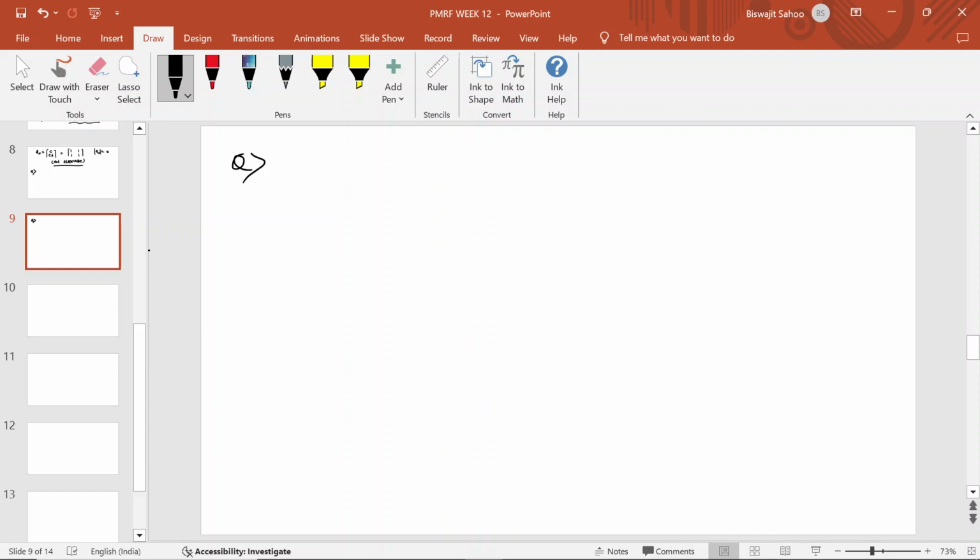Let's say a question is given to you: x1 dot is given as -2x1 plus x2 plus u, and another equation is given, x2 dot equal to -x2 plus u.